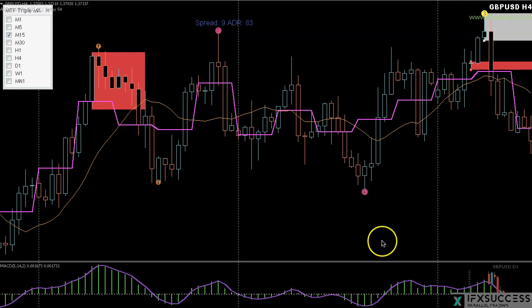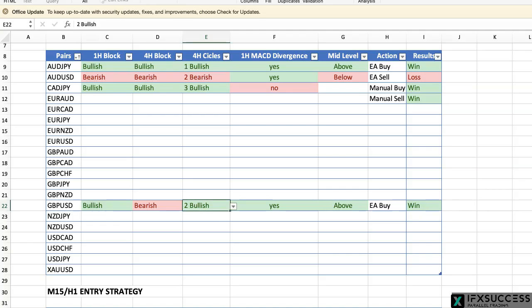Say we have a bearish 4 hour block, but a cycle number 2 that is bullish, and maybe even a MACD divergence. I will still make a decision, but I will know that I cannot keep this trade for too long, because it still is bearish.